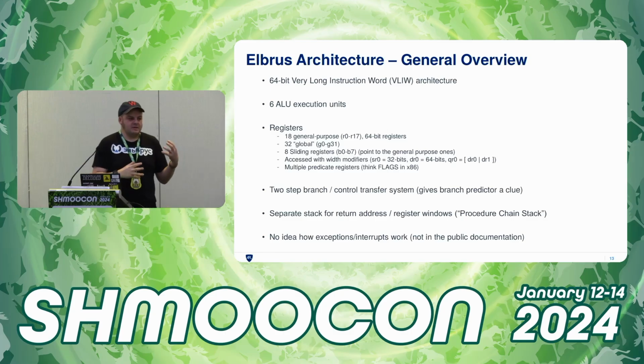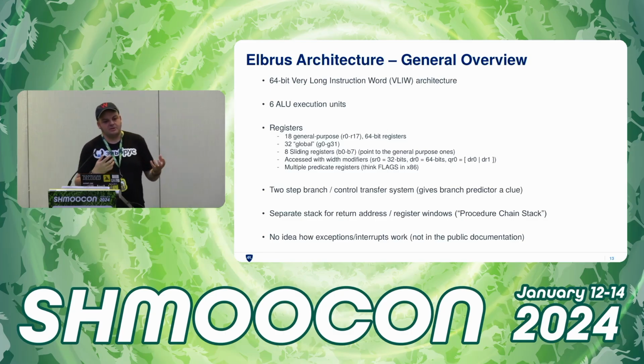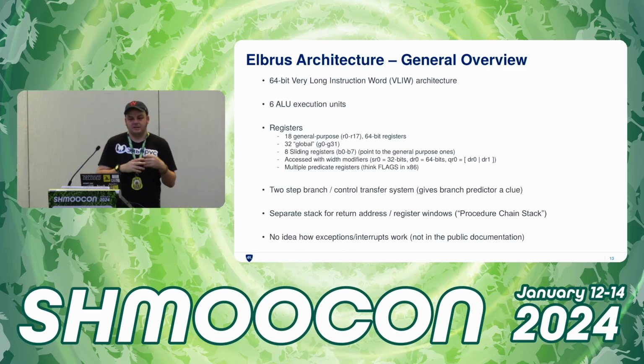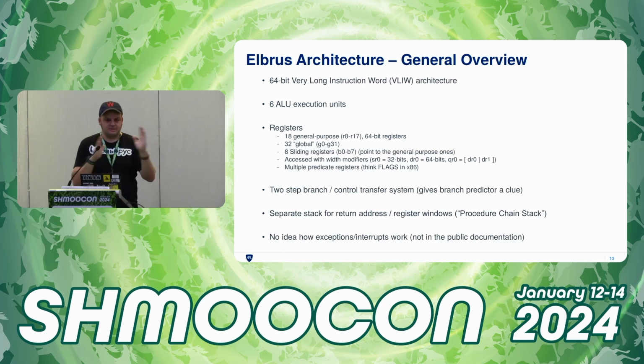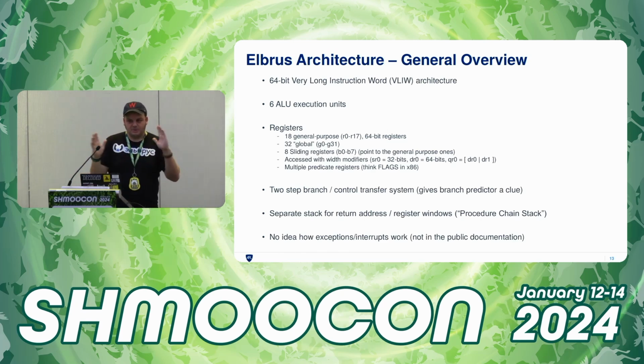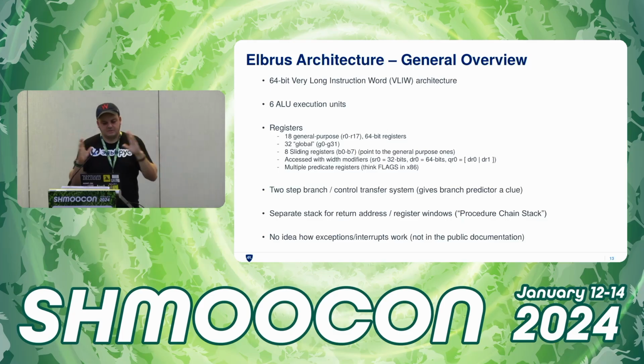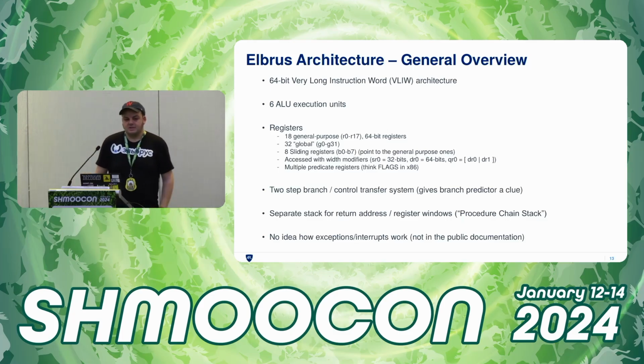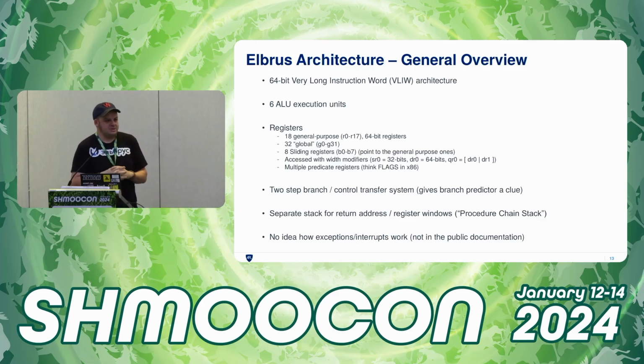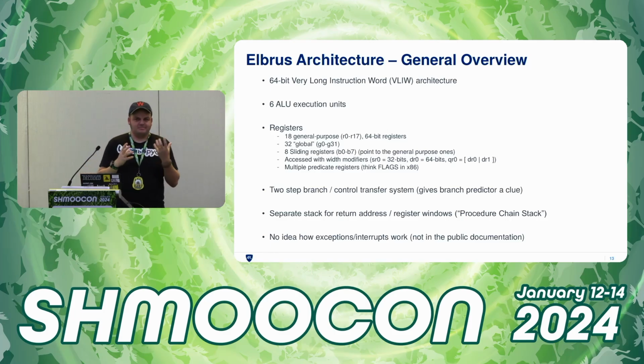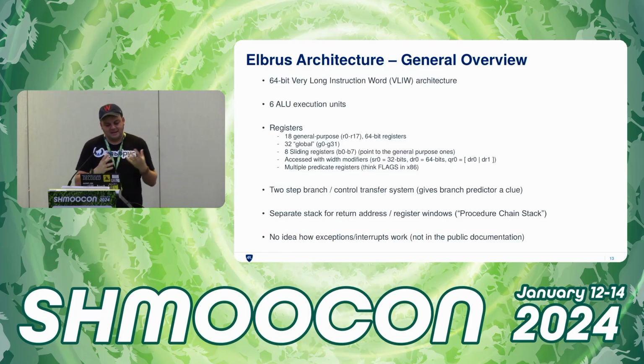Intel could be a very long instruction word architecture because it has parallel processing going on, but the processor itself is doing the optimization of the instruction stream, trying to figure out the optimal way to execute it in parallel. So Elbrus is really this weird dead end, a sort of fossil, I guess.